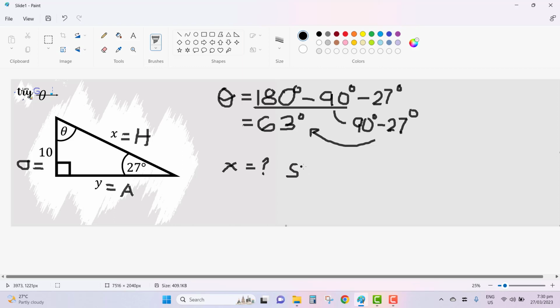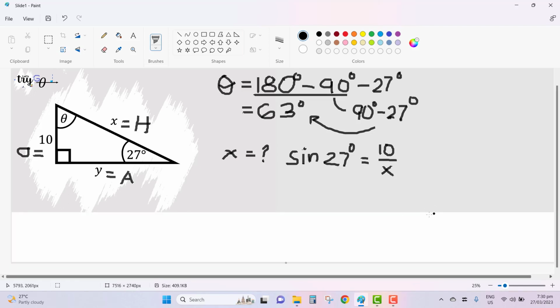And it's the trigonometric function of sine. So we can solve it in this manner. Sine 27 degrees is equal to the ratio of the opposite, which is 10, over x, which is your hypotenuse. Let me increase this side here for further computation.